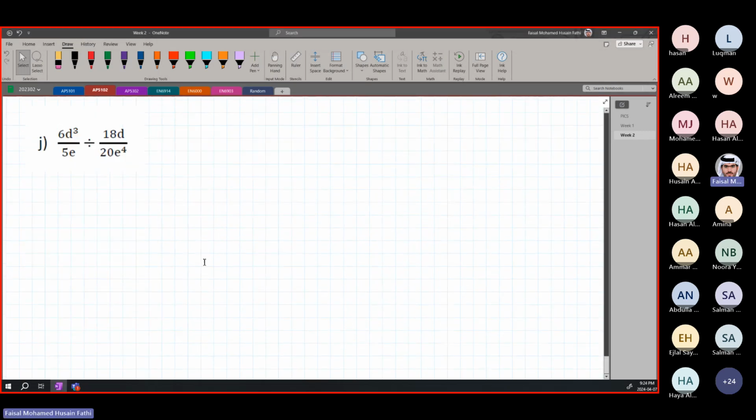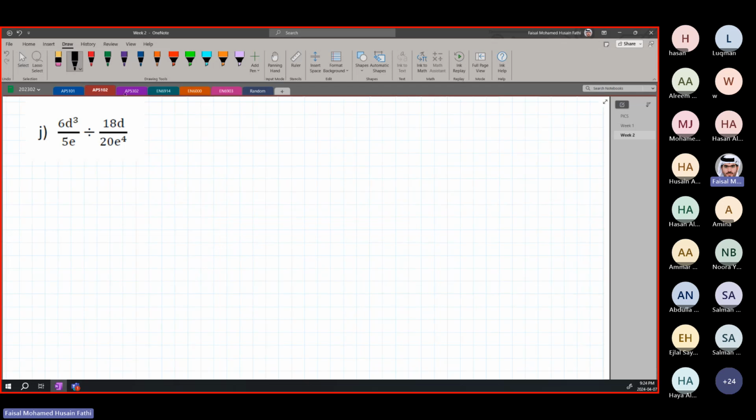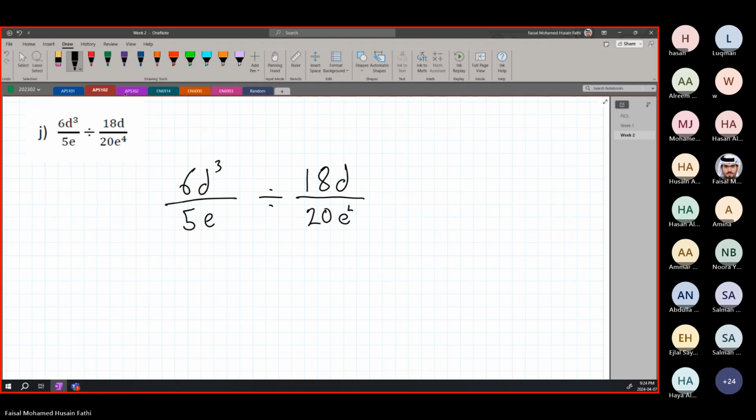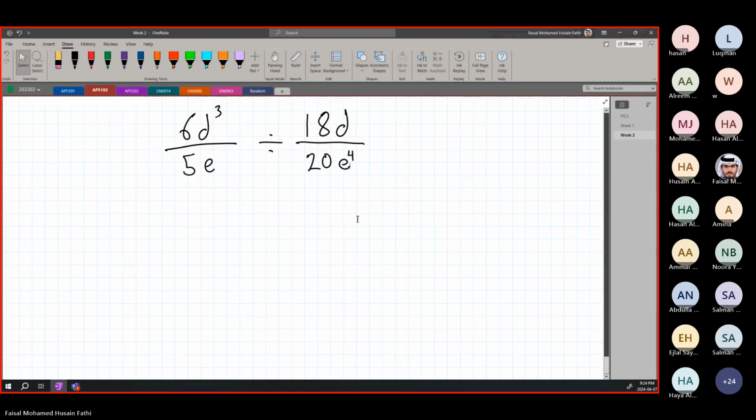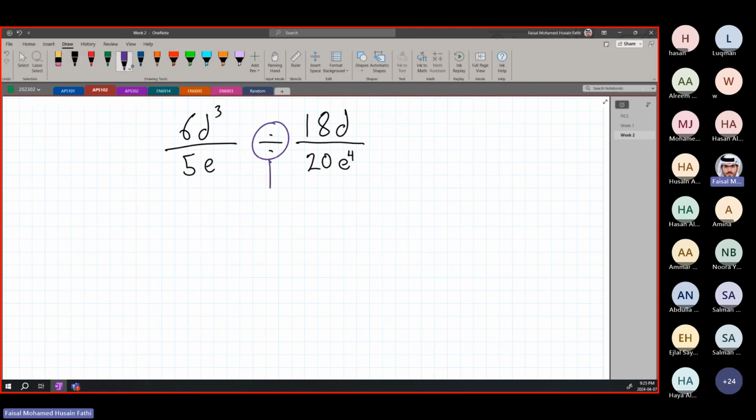So we have, in this case, division in between. Then 6d cubed over 5e divided by 18d over 20 e to the power of 4. What you're going to do with this division is convert it into multiplication.